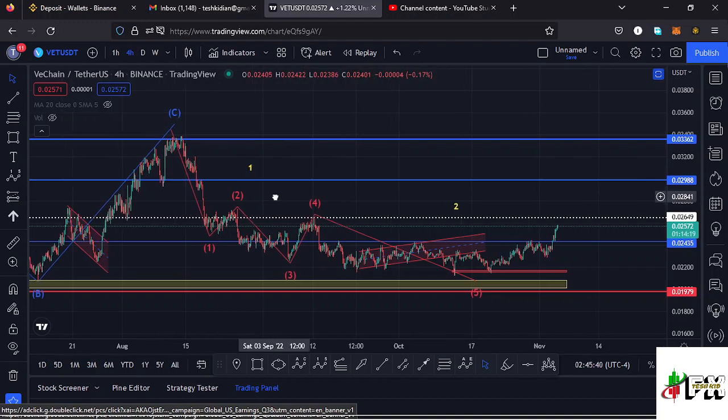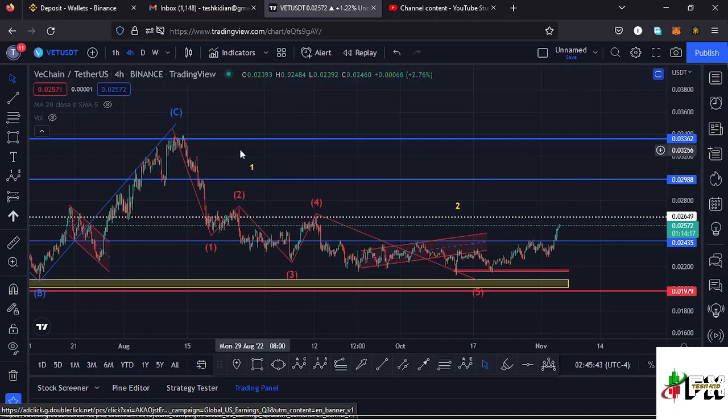And what we expect next after the formation of a higher Elliott wave count 1 is a movement to the upper side in the formation of a higher Elliott wave count 2, and that means higher prices are coming our way here on the Vechain chart.